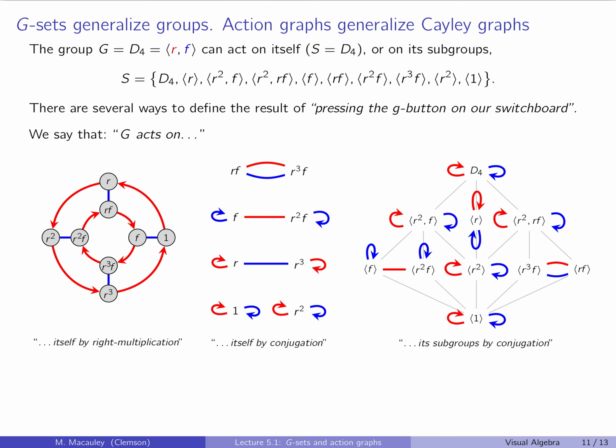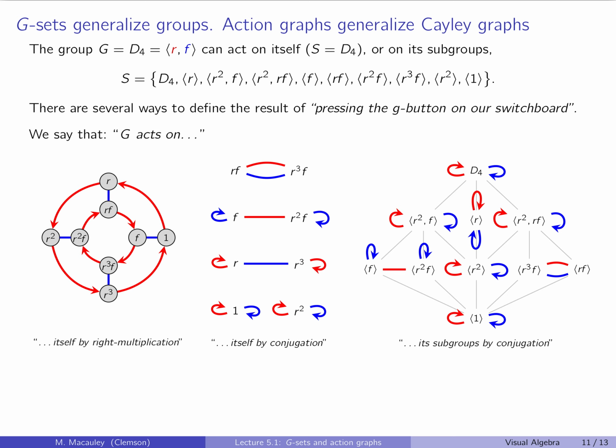We say that G acts on itself by right multiplication. So if we do that, we actually get a Cayley graph as the action graph. We can say that G acts on itself, that is the set S equals D4, by conjugation. And here's what that action graph looks like.